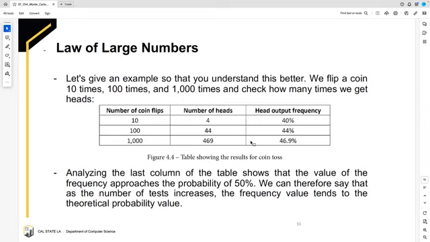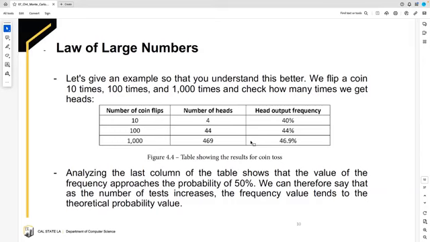In their experiments, what they did was to flip the coin in three different experiments, right? So in the first one, you have 10 flips, 4 of them are heads, so the probability of having a head is 40%. And if you increase the number of observations, you can see that this probability converges to 50% that is expected from theory.